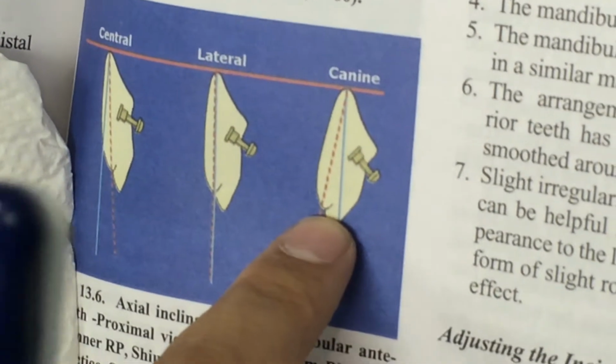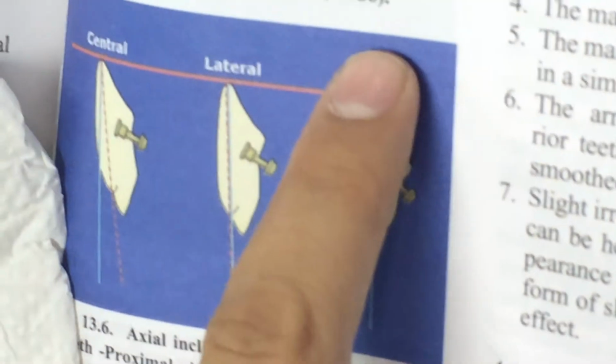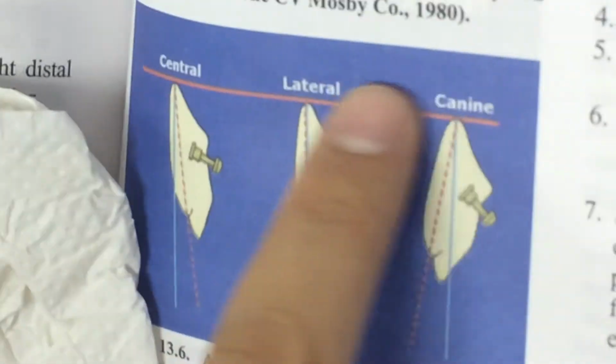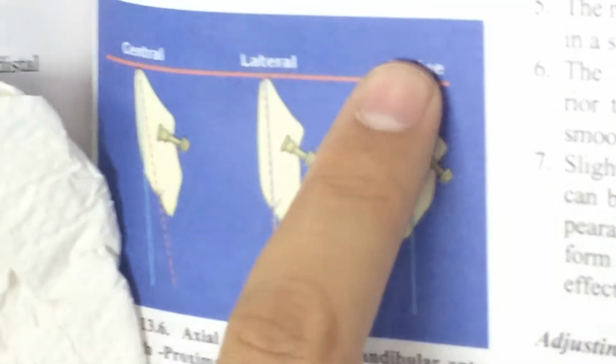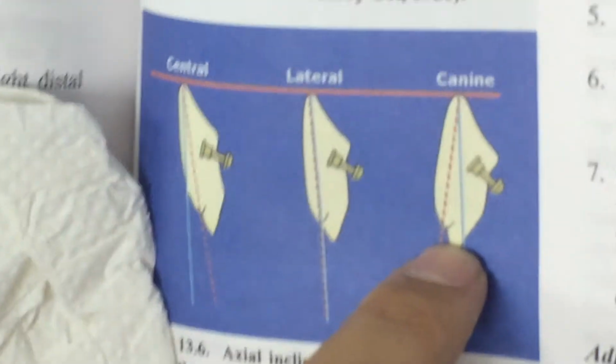The blue line gives you the perpendicular to the occlusal plane. The canine is going out buccally, it's not lingually.